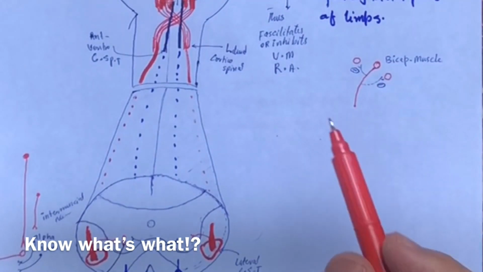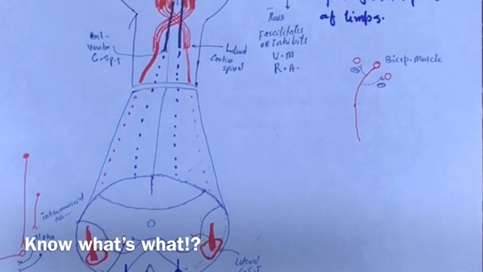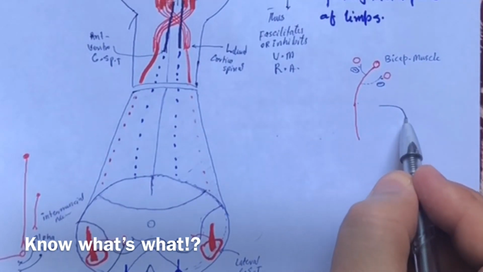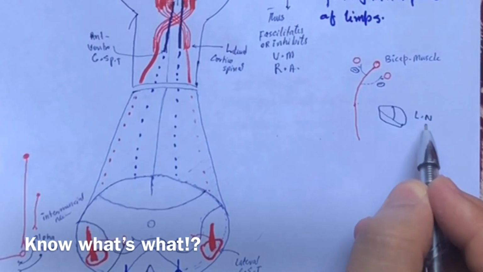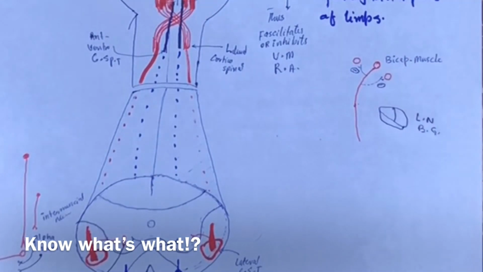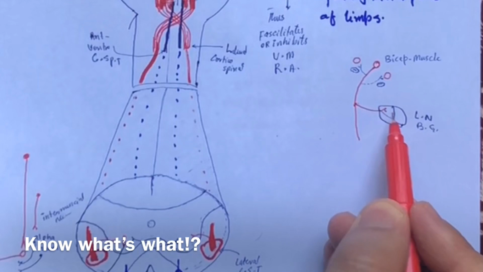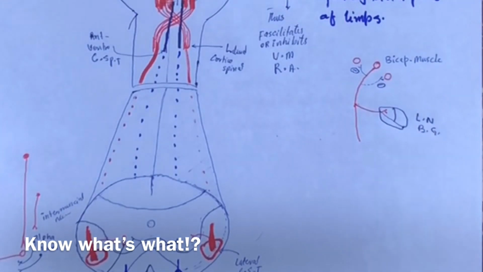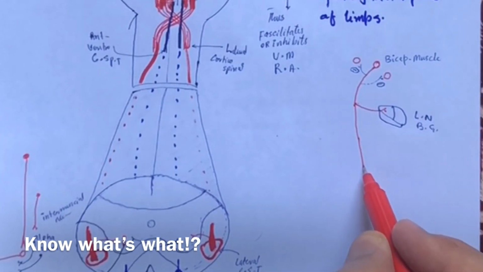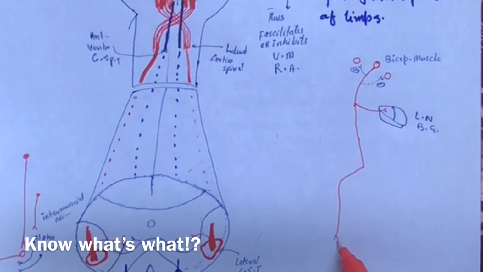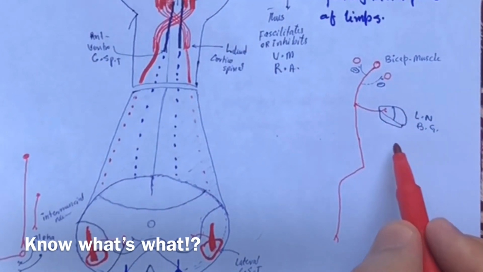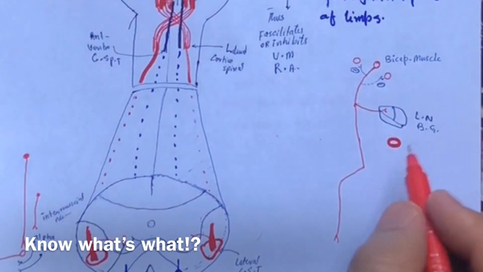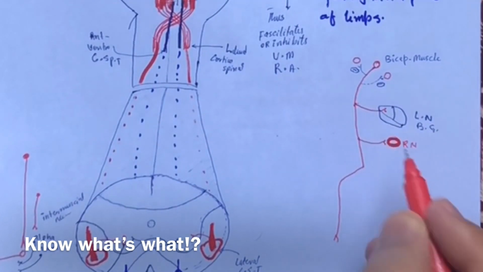And when they're going down, they give branches to other nuclei, like the lentiform nucleus of the basal ganglia here. Then when it's going down, it also gives a branch to the red nucleus, and it crosses at the lower part of the medulla, and goes down to the spinal cord, right? So this is the corticospinal tract, and here's the red nucleus. It will give a branch to the red nucleus.